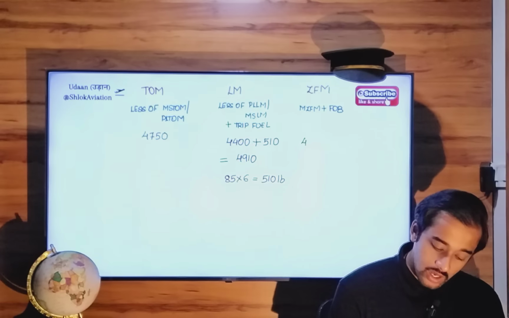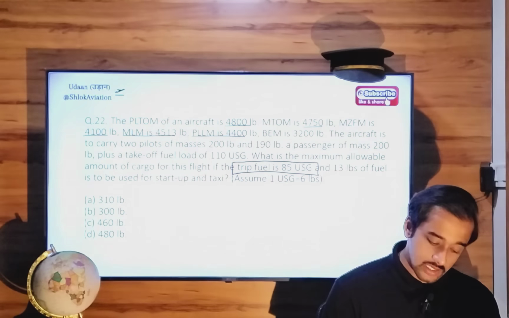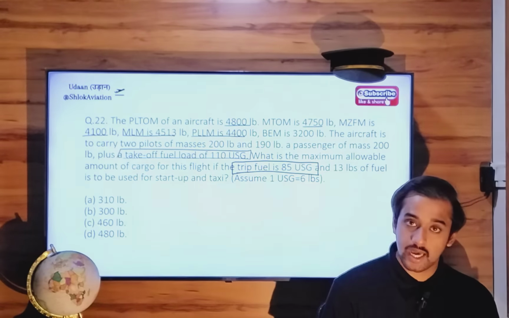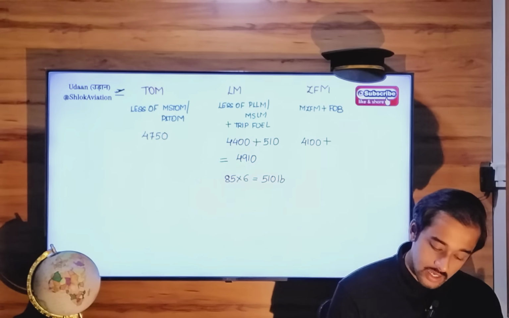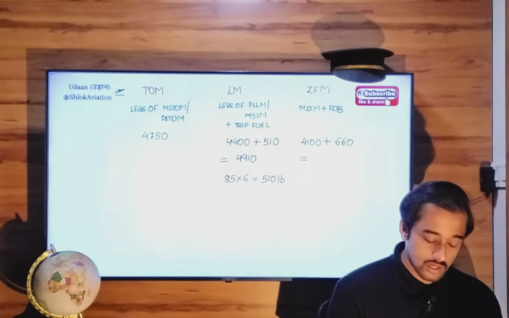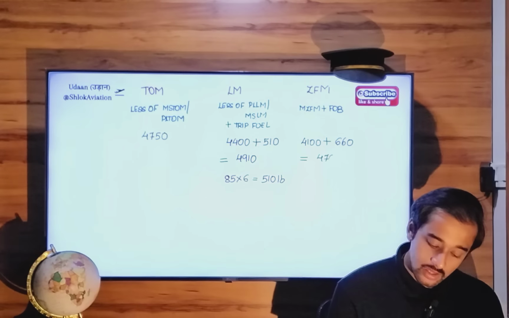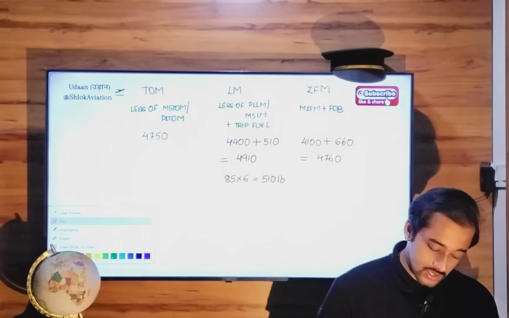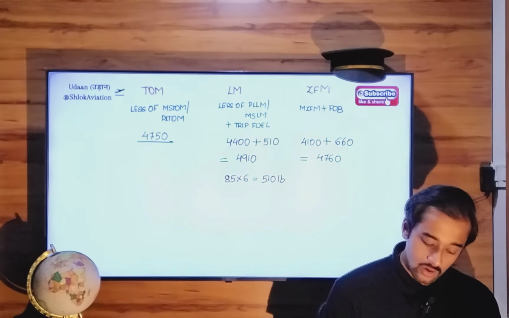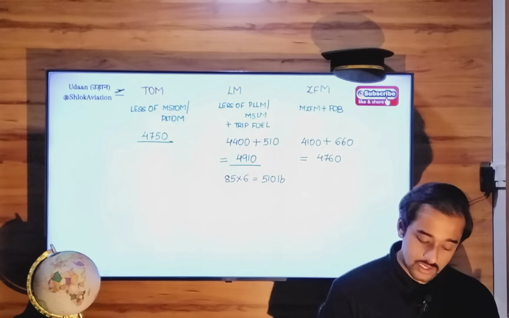So 4100 plus fuel on board, a total of 110 US gallons, which is equal to 660 pounds. So 4100 plus 660 is 4760. Now we have three takeoff values: 4750, 4910 and 4760.